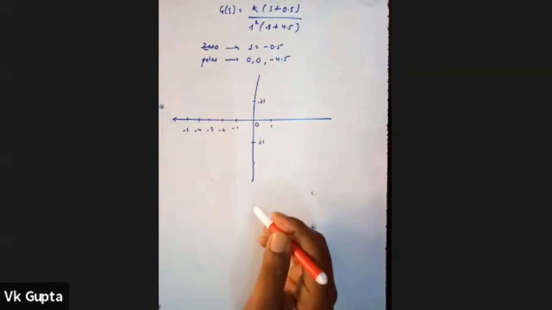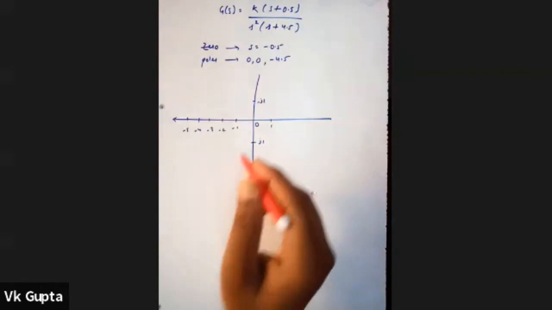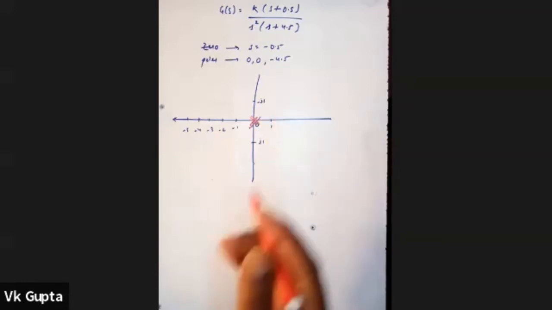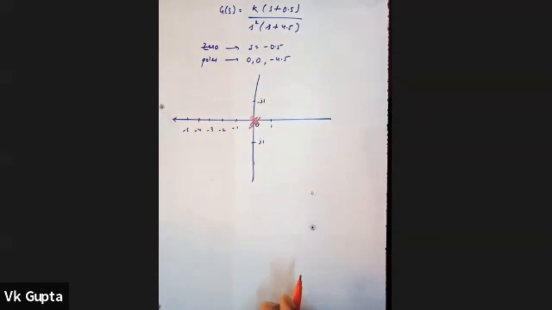We have two poles at 0, so put 2 cross marks on 0.